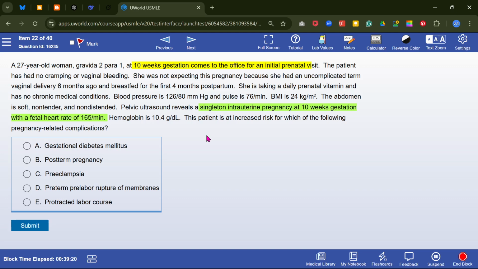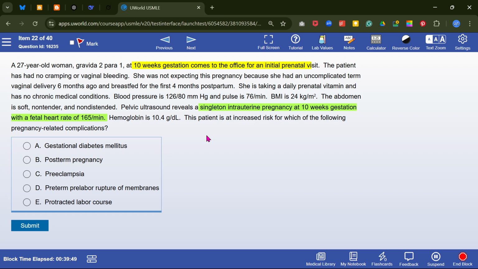She has an uncomplicated term delivery, so it is very early. It may be a short pregnancy interval. There is a term called short pregnancy interval. It may cause PPROM, premature rupture.